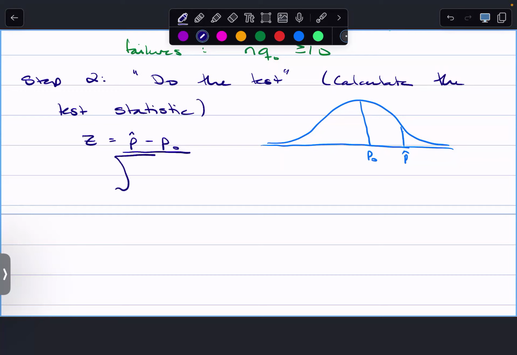And so over the square root of P naught Q naught over N. And just as a reminder, this is the standard error for the hypothesized population. And that's the one we want to use.